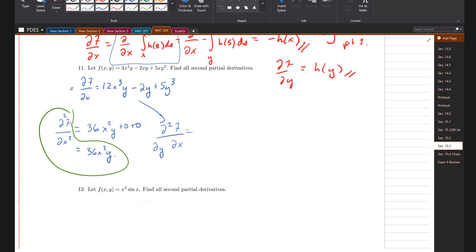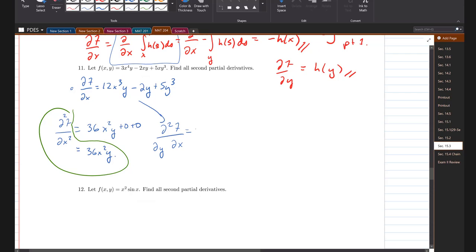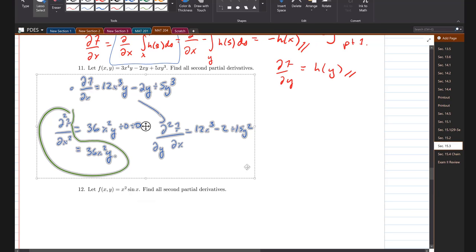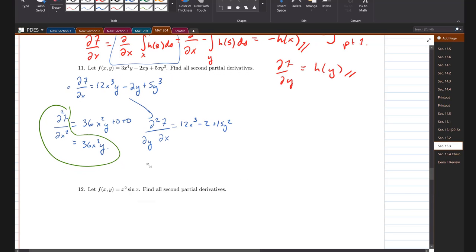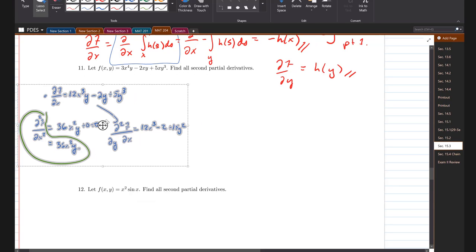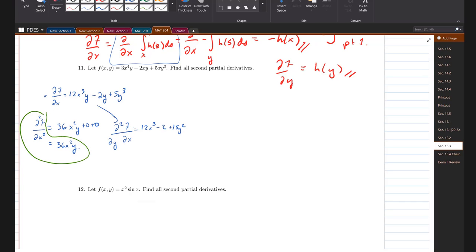And when I do so, we get 12x cubed minus 2 plus 15y squared. Okay. We found 2 of our 4 second partials.